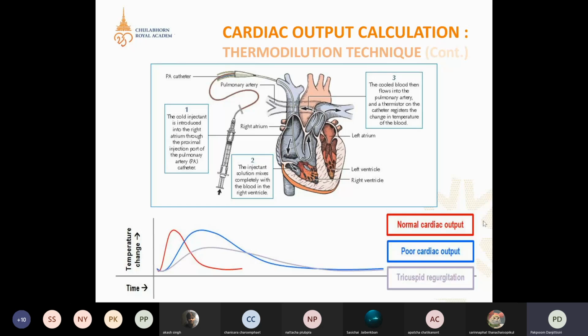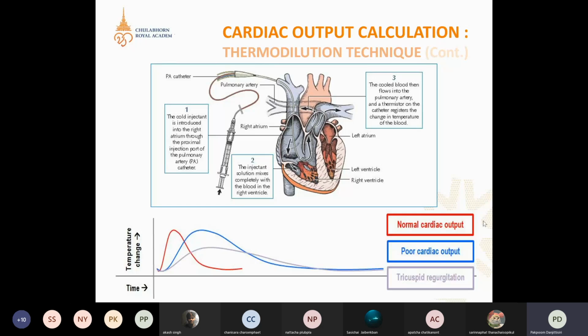So the blood that mixed with the cold injectant will slowly, cannot be cleared out of the right ventricle as normally as in normal cardiac function.